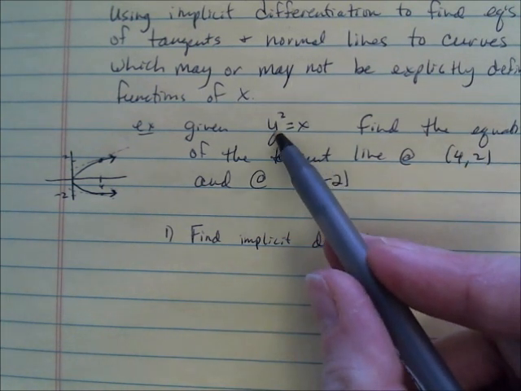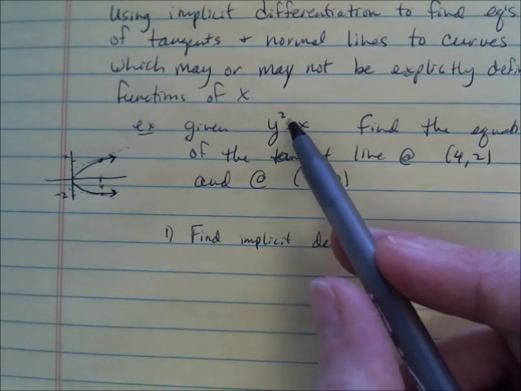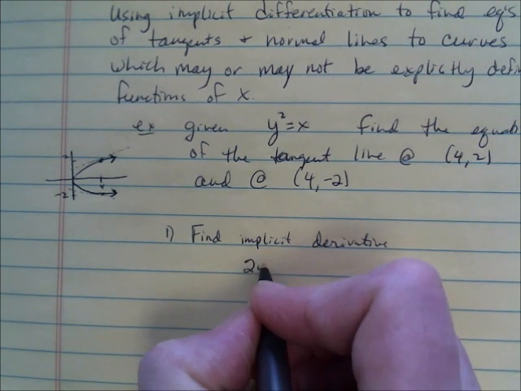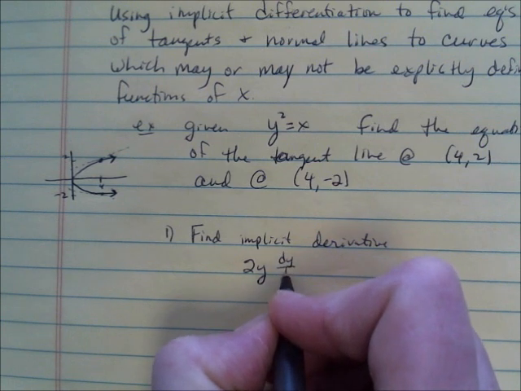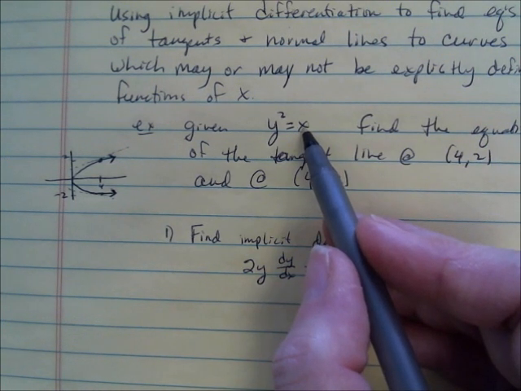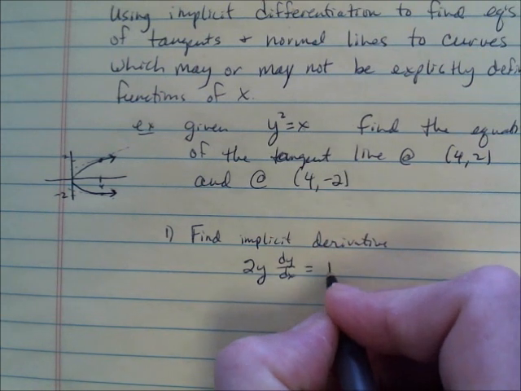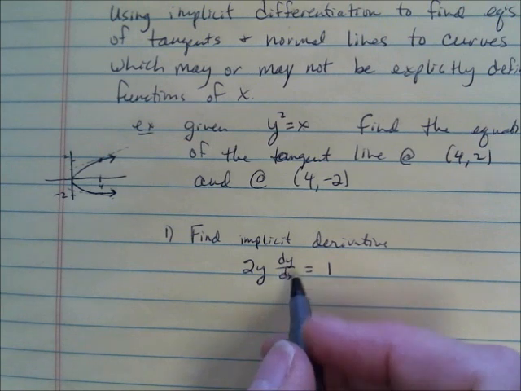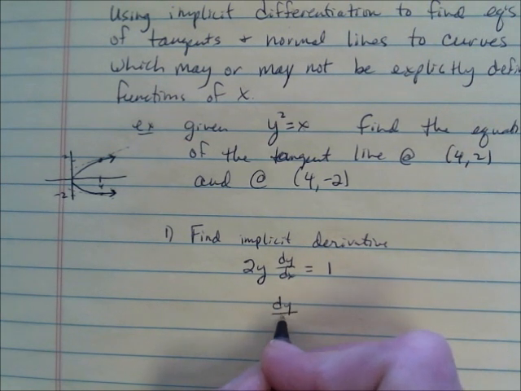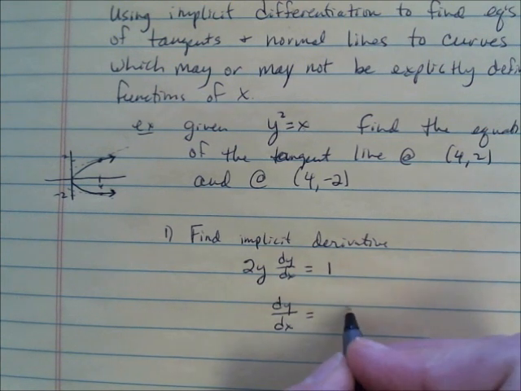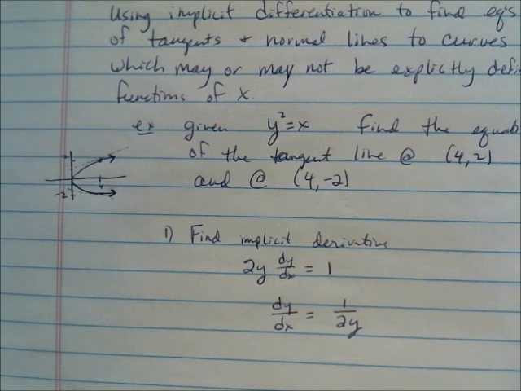So the implicit derivative of y squared equals x is, the derivative of y squared is 2y dy/dx, is equal to, and the derivative of x is equal to 1. So now to solve for dy/dx, which is the slope of that line, we get dy/dx equal to 1 over 2y.